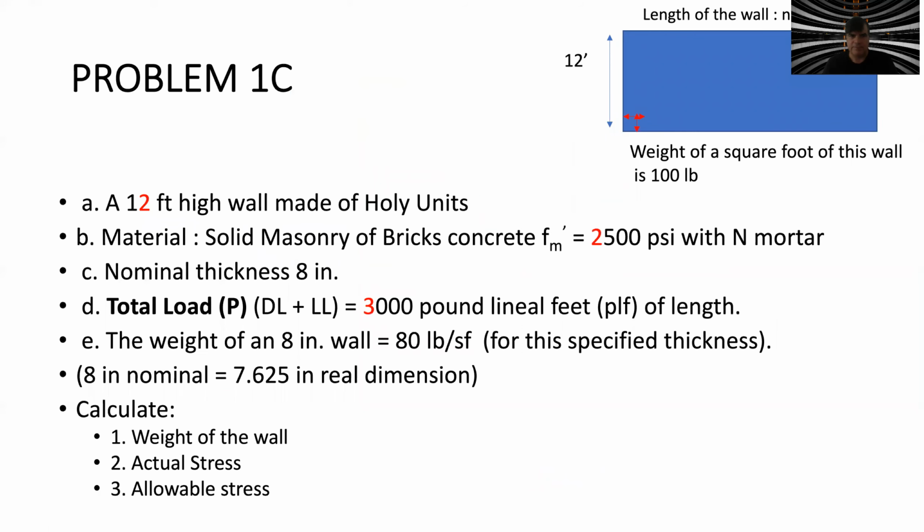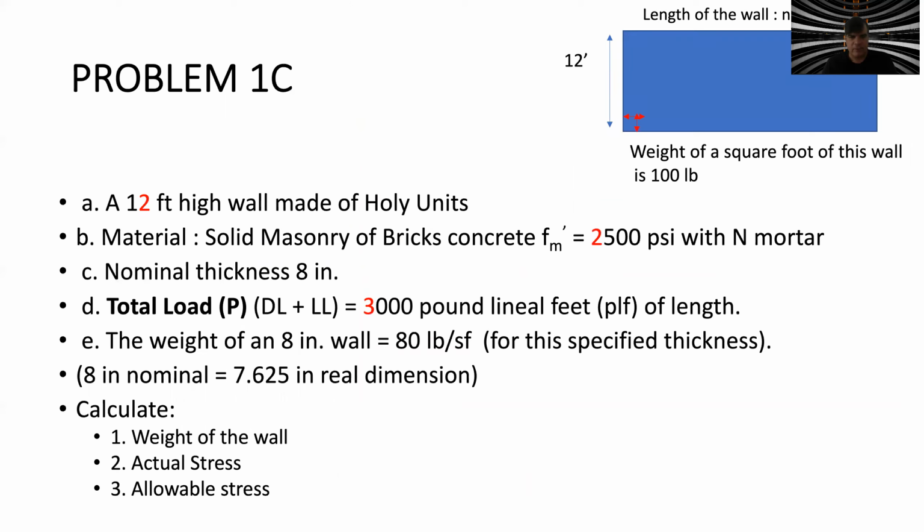Problem 1C. Here, we have a wall that is 12 feet high. It's made of masonry units. This particular material is supposed to resist 2,500 PSI. The mortar is N. We have a particular thickness that is 8.